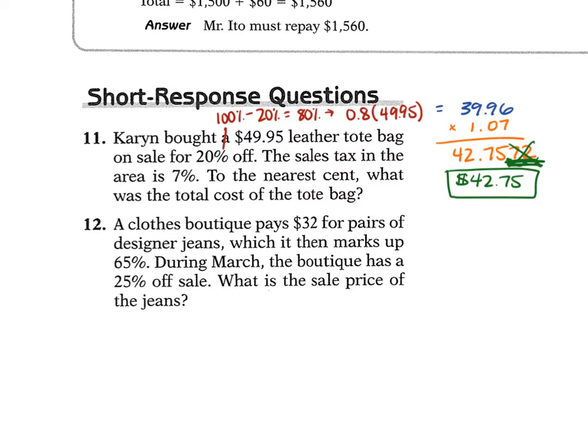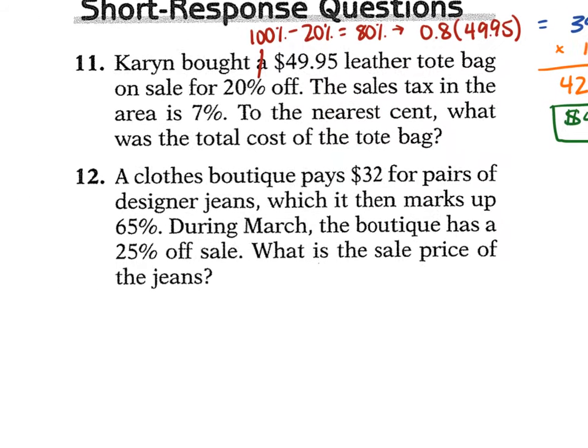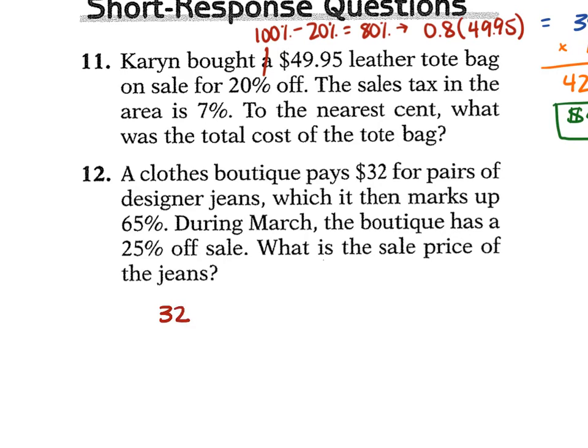For 12, it says a clothes boutique pays $32 for pairs of designer jeans, which it then marks up 65% during March. The boutique has a 25% off sale. What is the sales price of the jeans? So we can do the 32 times 1 plus the 65% markup, minus the 25% discount.